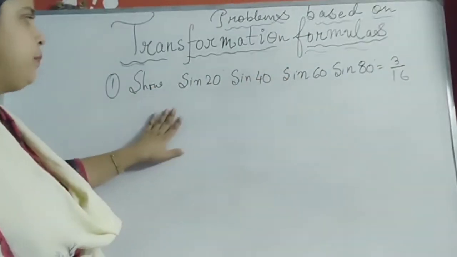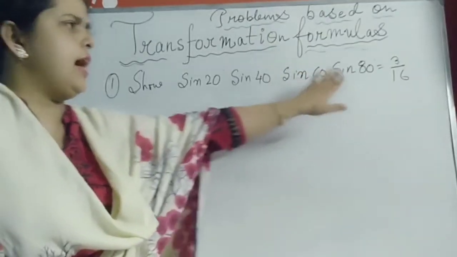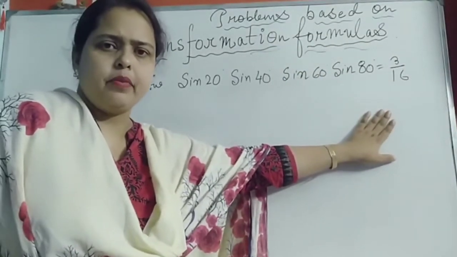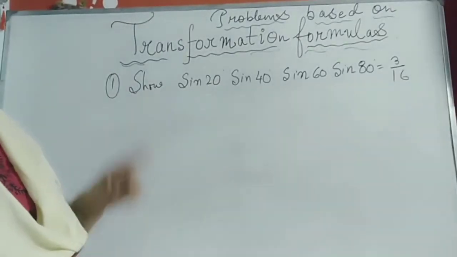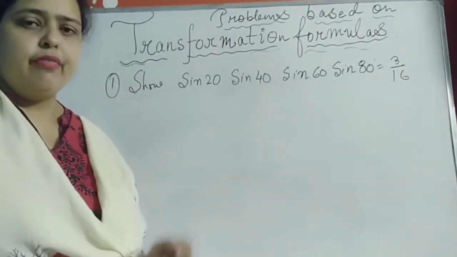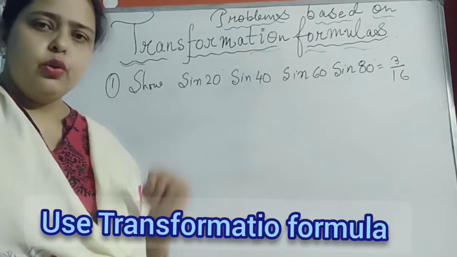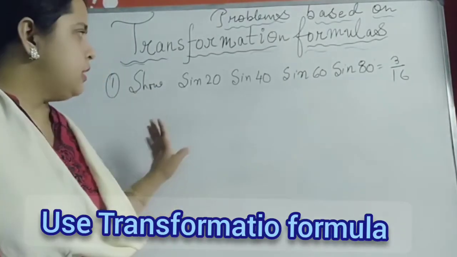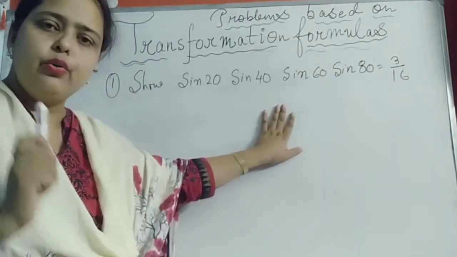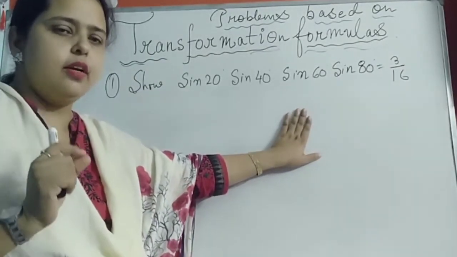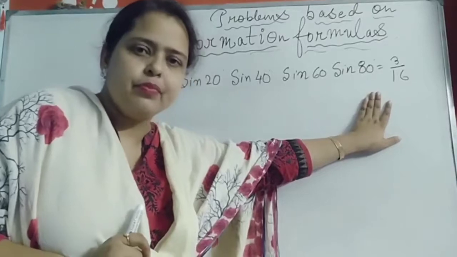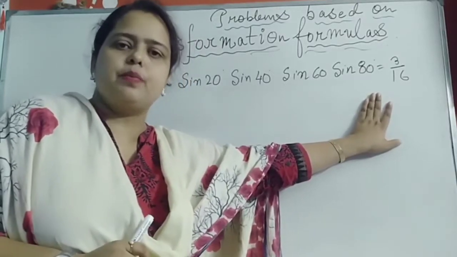But I have to prove this product as 3 by 16. The transformation formulas we have learned last day will help me to reduce this particular product to just a real number, that is 3 by 16. And let us see how it is possible.